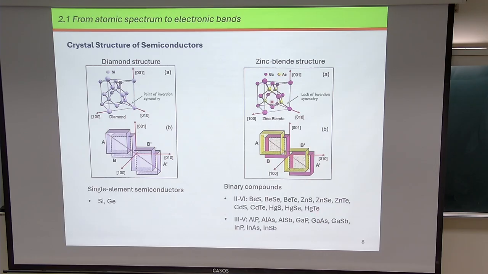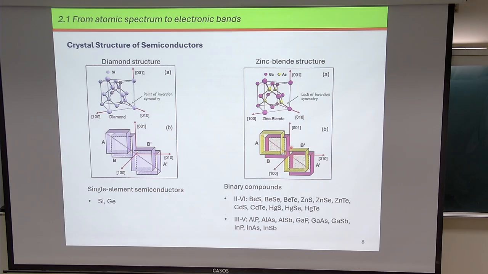So you look at the atoms, the arsenic atoms in that case, they will form a structure like in this cube here, the yellow one, and the gallium atoms will be forming a structure in this magenta or purple cube. And so you extend it periodically.